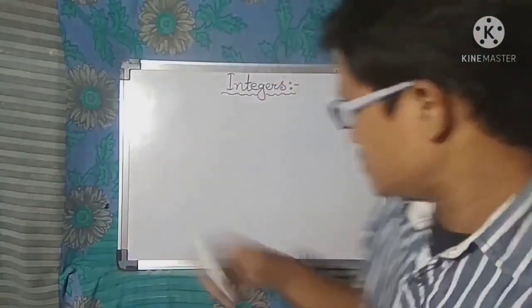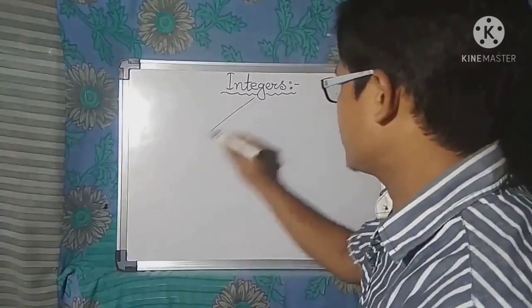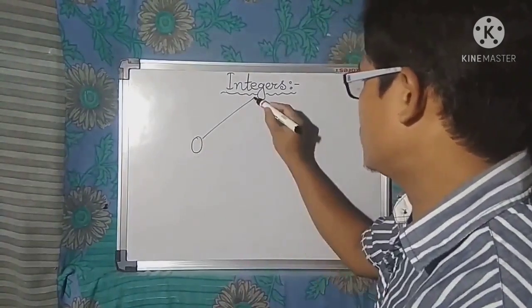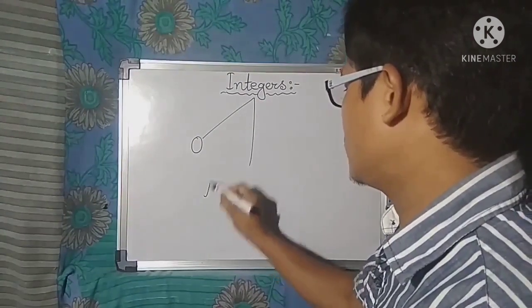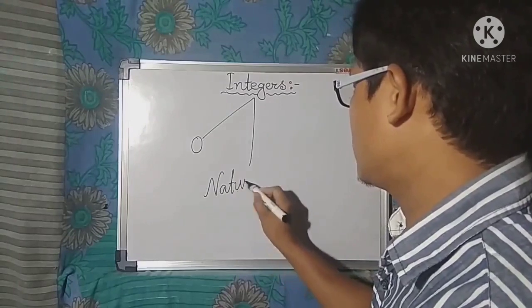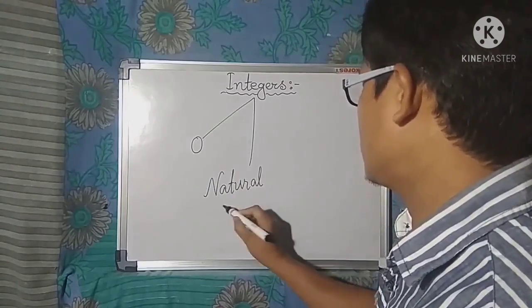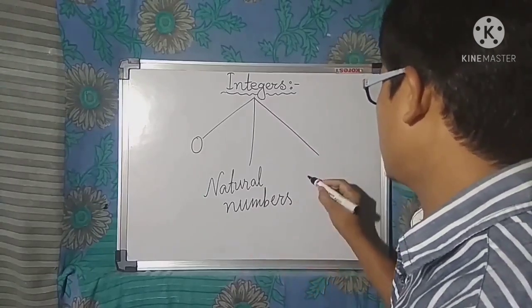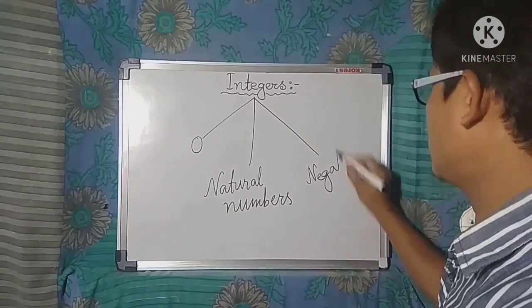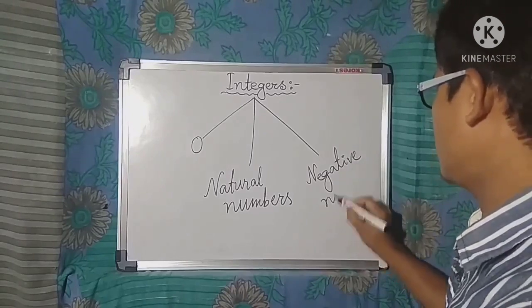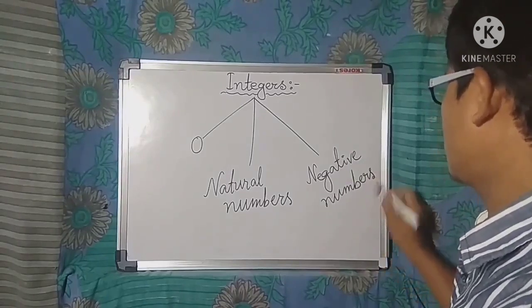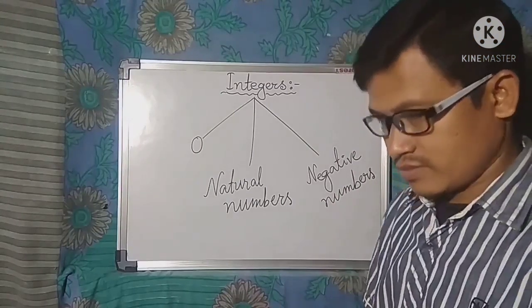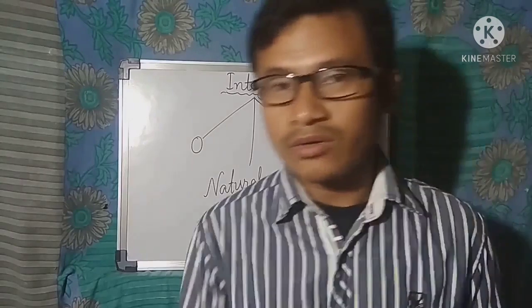That means integers include 0, natural numbers and the negative numbers. I think everybody knows about 0.